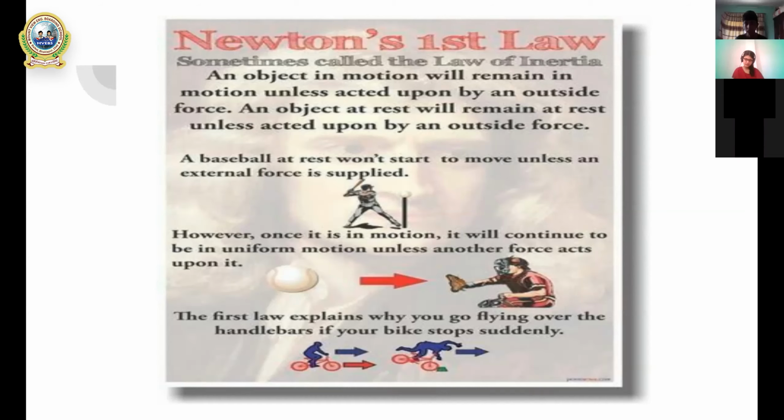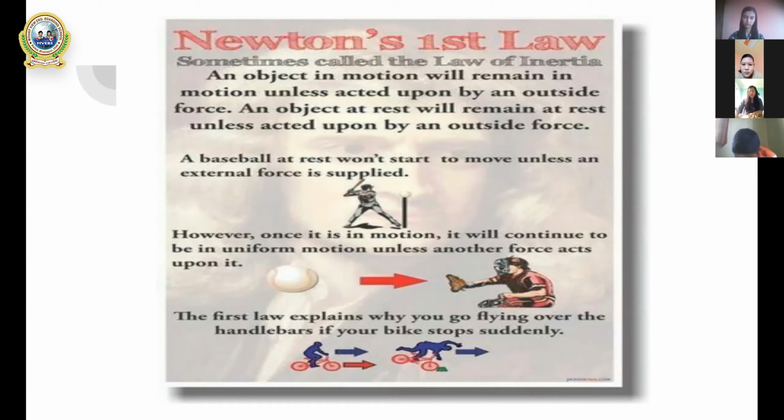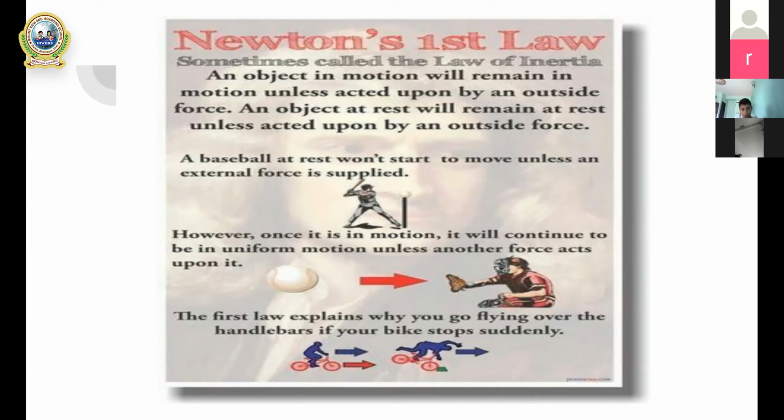That means the coin does not come with the paper, and that is due to inertia of rest. We apply force on the paper, so the paper comes into motion, but the coin does not get the force, so it remains at rest and falls into the glass. That example is also an example of Newton's first law of motion.